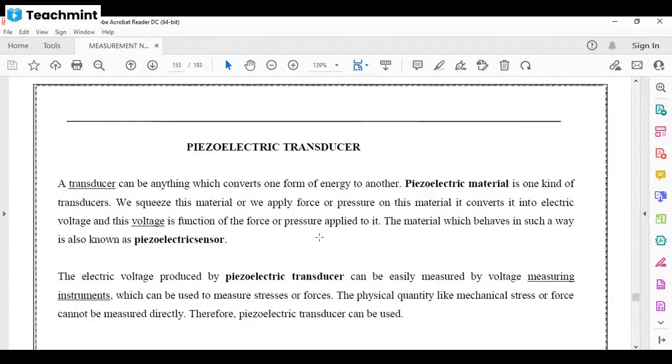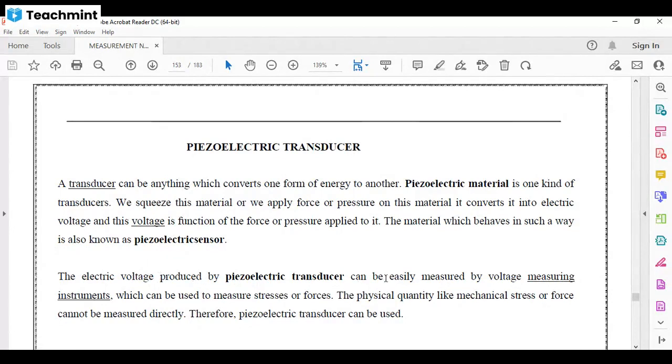The material which behaves in such a way is known as a piezoelectric sensor.